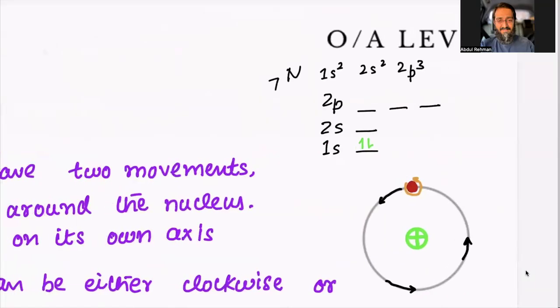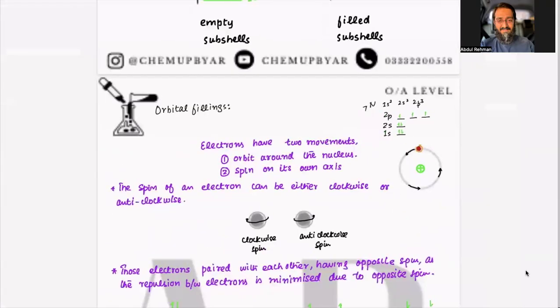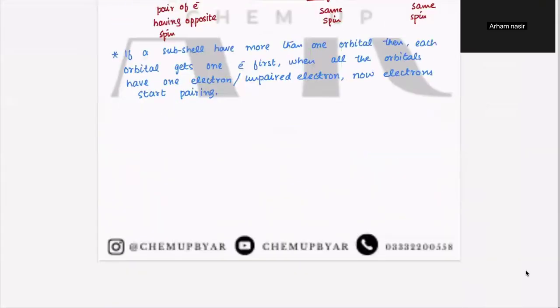So your home task is that in the next class, you make sure you are done with the orbital filling of the first 30 elements from hydrogen till zinc. Okay. Did you understand? Yes, sir. Okay, great.